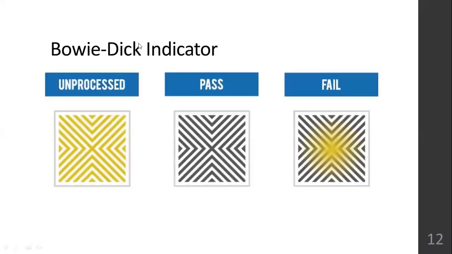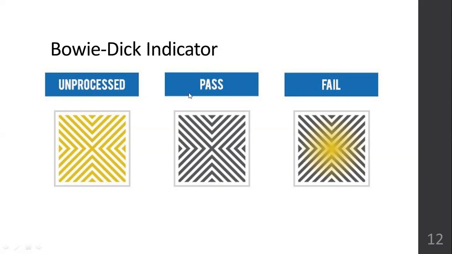Then you have the Bowie-Dick indicator. This is the Bowie-Dick indicator, another form of chemical indicator. The yellow and white stripes will convert into black and white stripes if the sterilization was done adequately. Efficient and adequate sterilization was completed means yellow and white will turn into black and white.